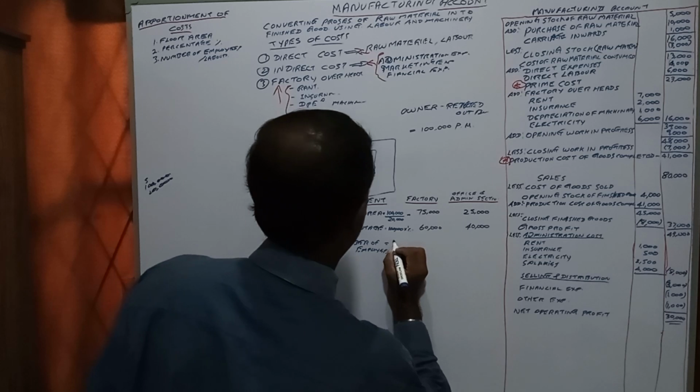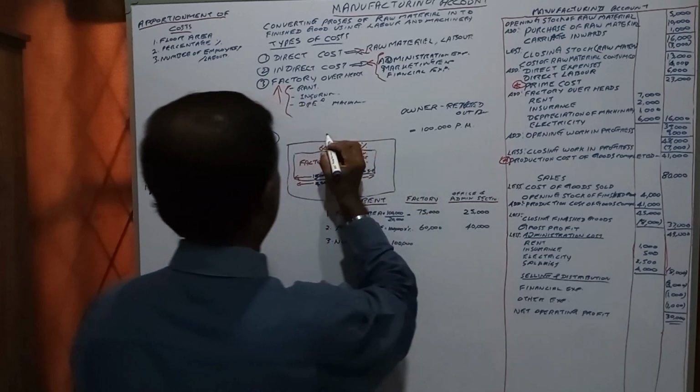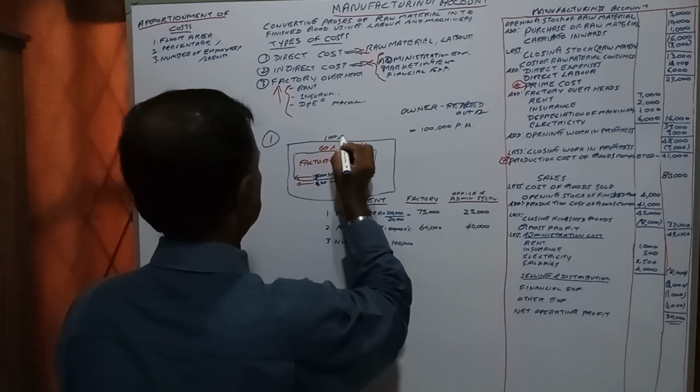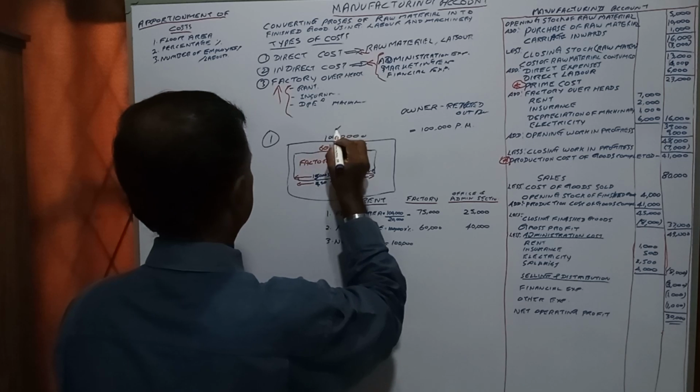Means you have 100,000 common cost. This is the common cost, right? This 100,000 is the common cost, common rent.